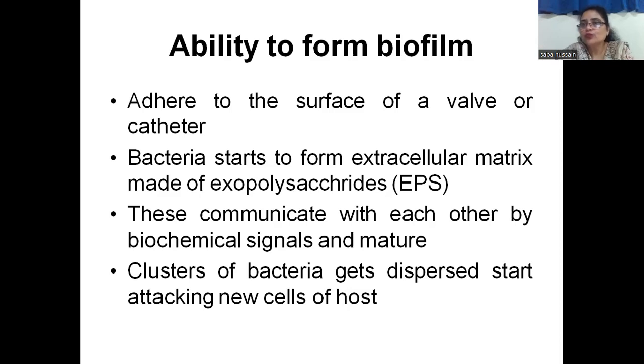And I've already told you that its polysaccharides are one of the things which can fool the phagocytic cells, and then these bacteria communicate with each other through biochemical signals, and they start maturing there, reproducing.